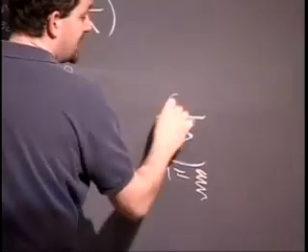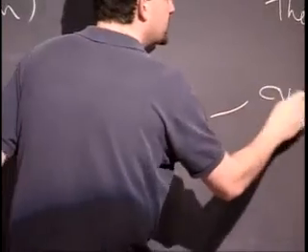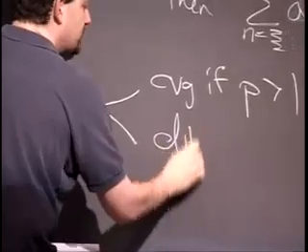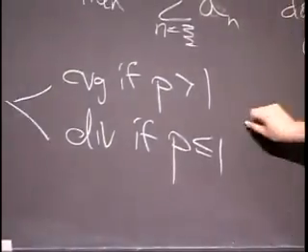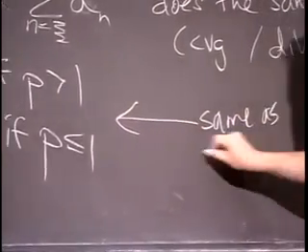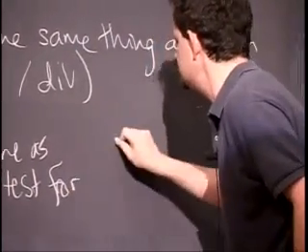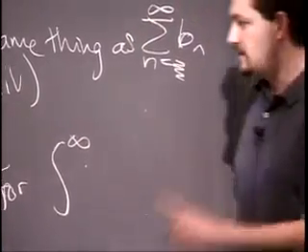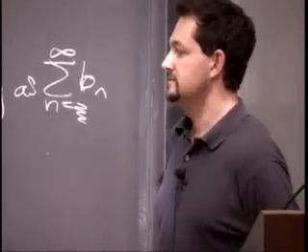No matter where you start, the sum of 1 over n to the p converges if p is bigger than 1, and it diverges if p is less than or equal to 1. And this is the same as the p-test for improper integrals at infinity, not at 0. That was the other form of the p-test. We don't need it here.